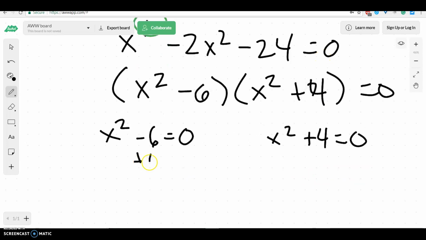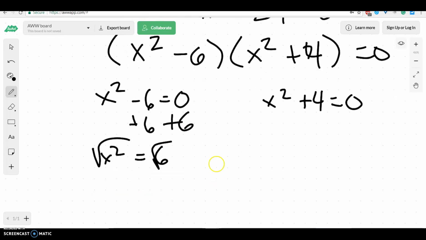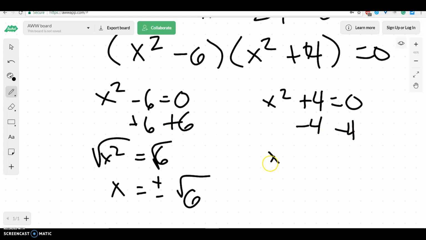Then we solve. Add 6, get x squared equals 6. Take its square root and get x equals plus or minus the square root of 6. Please remember that these are squared terms, and you should have four answers here. If you don't take the square root of both sides and you just put your answer as 6, you're wrong. We do the same thing over here. I get x squared equals negative 4.